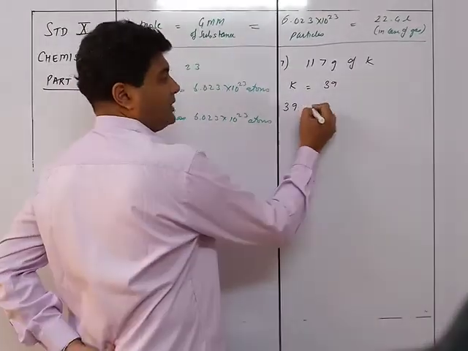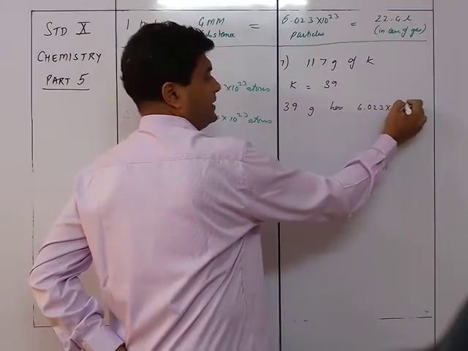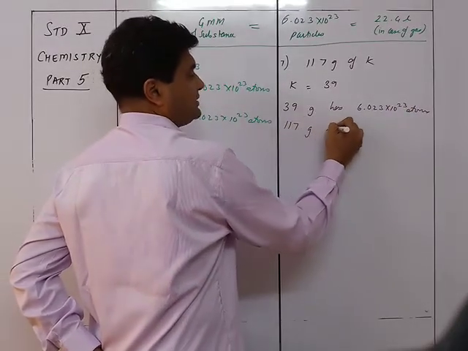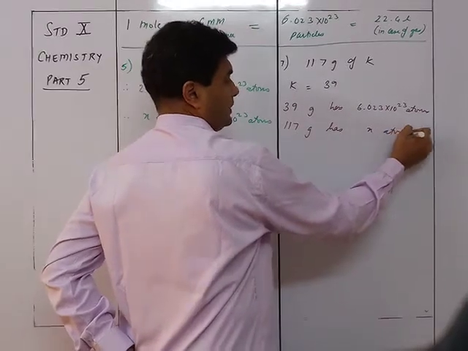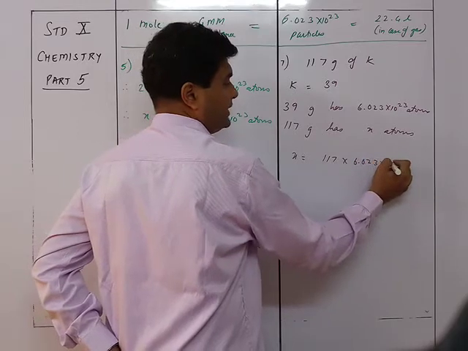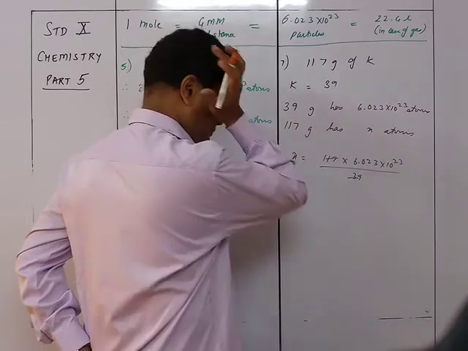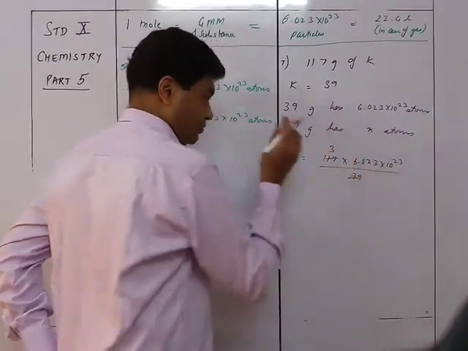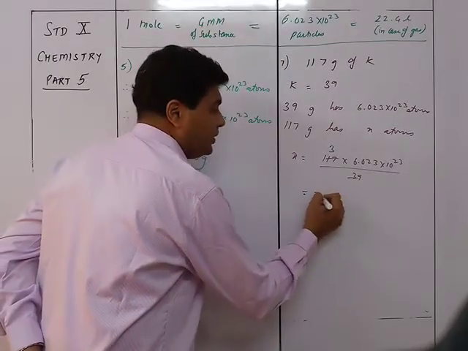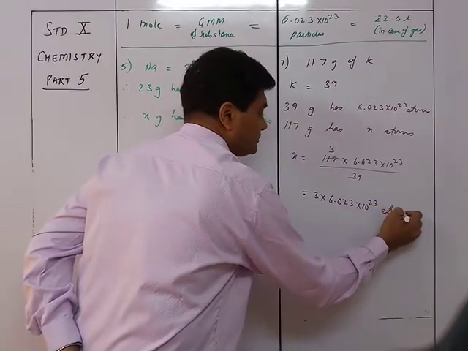So 39 grams has 6.023 into 10 raised to 23 atoms. Therefore, 117 grams has X atoms. Therefore, X equals 117 into 6.023 into 10 raised to 23 upon 39. So, 39 3s is 117. So that will be 3 into 6.023 into 10 raised to 23 atoms.